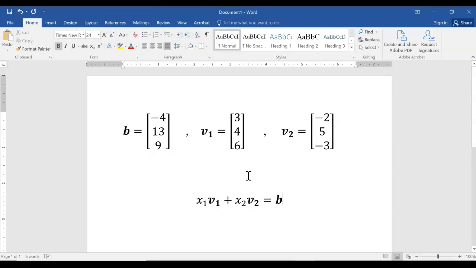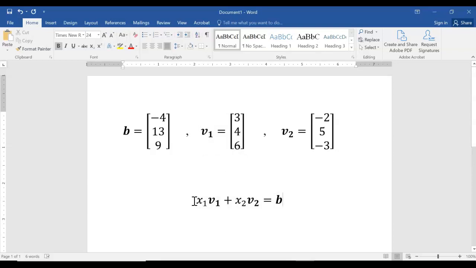Let's write that out. What does that mean? Is b a linear combination? Hopefully you're not thrown off, by the way. I've just said b is a linear combination if b can be written as a sum of constants times v1 plus constants times v2. I just put the b on the right-hand side now instead of the left-hand side. There is a reason I'm doing that though.